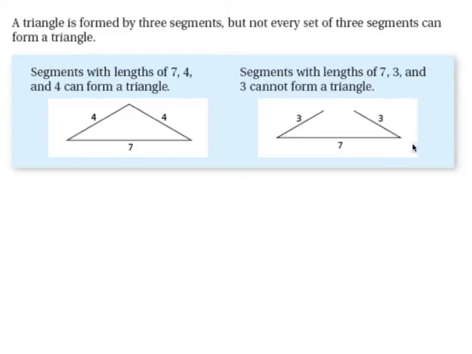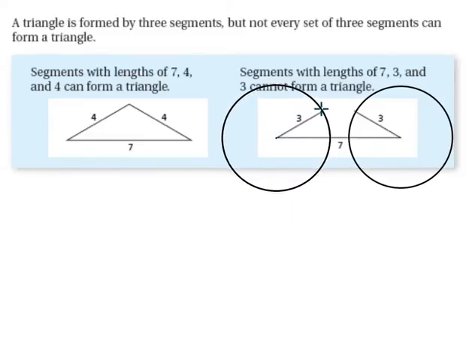And that is because if you look at that segment that's 3 long, there is not any way that you can connect them without laying on top of itself. So like if I try to move this segment that's 3 in as close as I could so that it could match this other one, they would never touch.